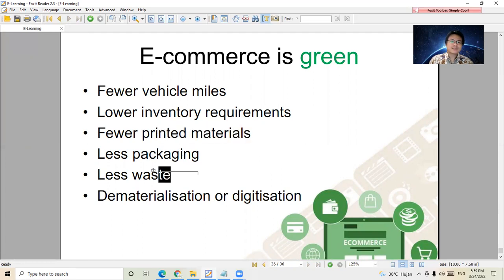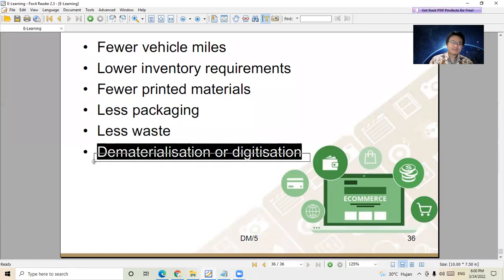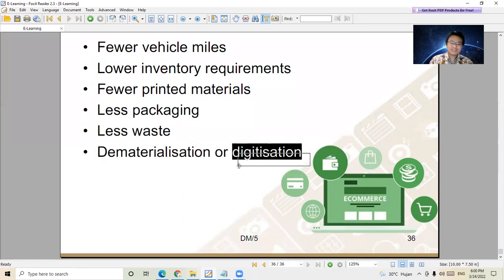Also, the use of plastic bags. The government is trying to reduce the use of plastic bags, right? So that the use of plastics can be reduced, and therefore the environment can be saved from the plastics. And the use of digitization, dematerialization or digitization.